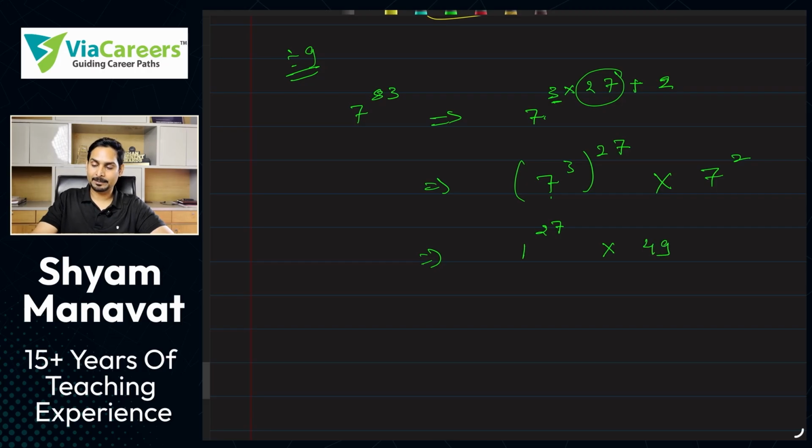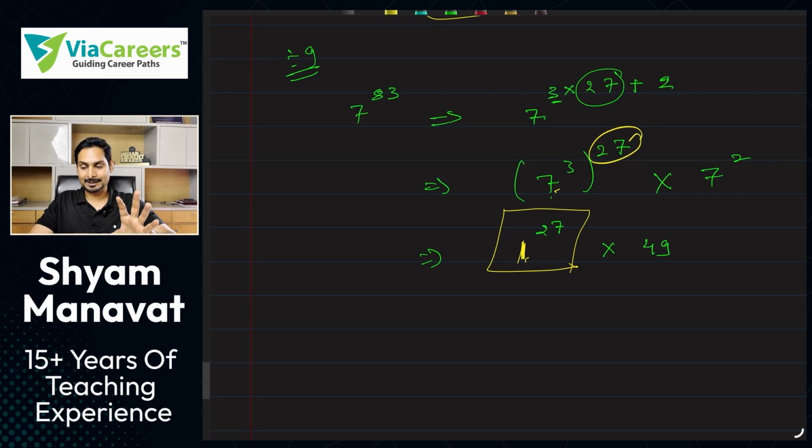Again and again I am trying to explain why this remainder 1 matters: because 7 cube is giving you remainder 1, whatever the power is, you are going to get the end remainder as 1. So 1 to the power 27 is 1, multiplied by 49.